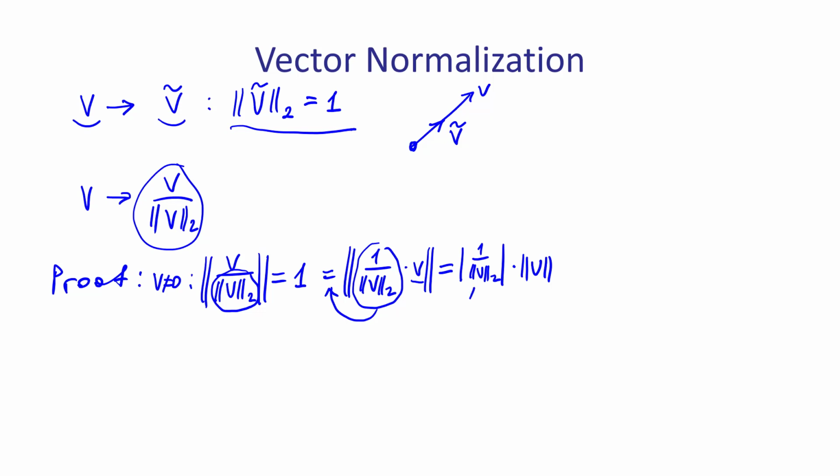Now, pay attention that this number is definitely positive, so 1 over that number, which is the reciprocal of that number, is also positive. So I can remove the absolute value here. So it's 1 over the norm of v multiplied by the norm of v. So they both cancel, since both of them are numbers. And this equals 1, as I promised.